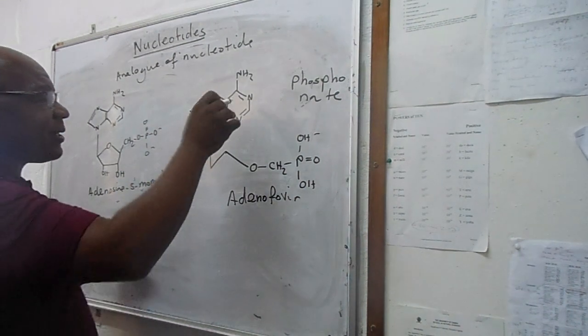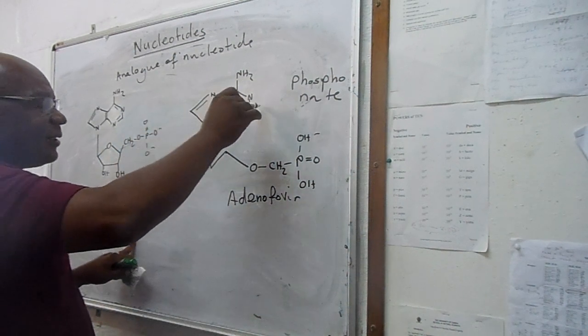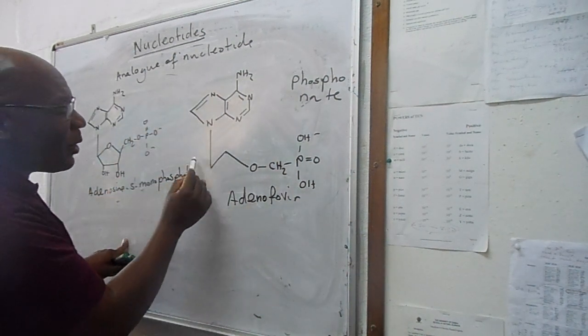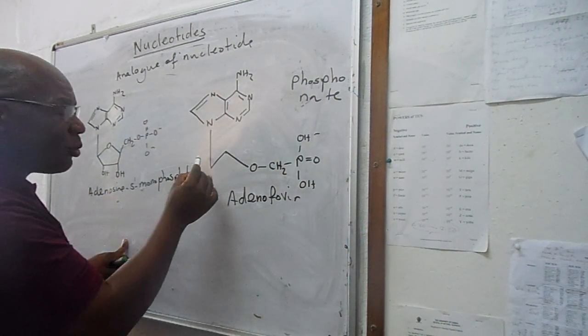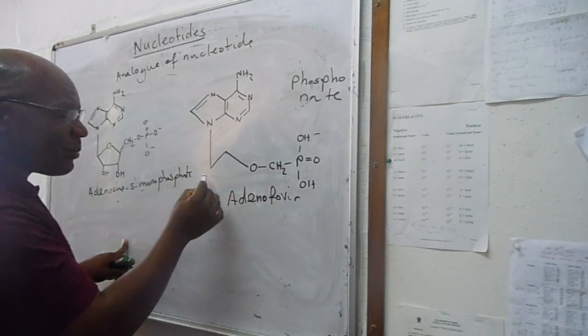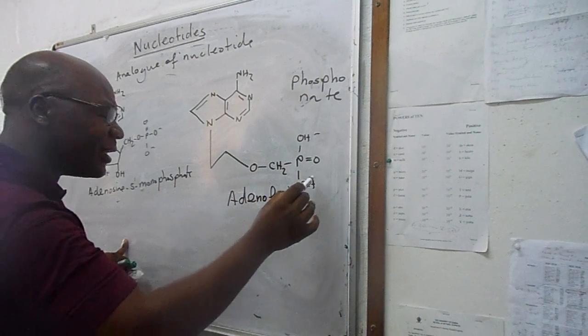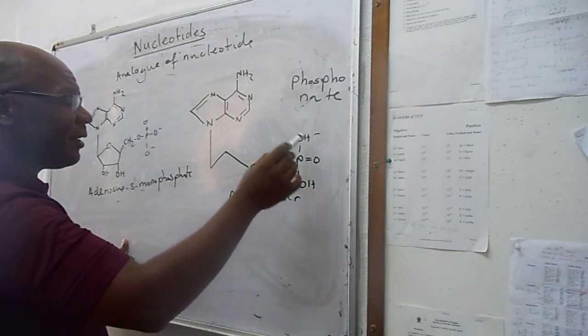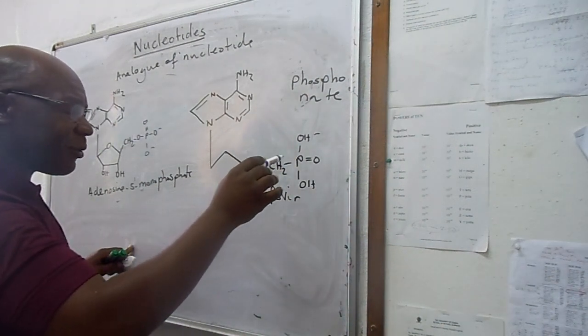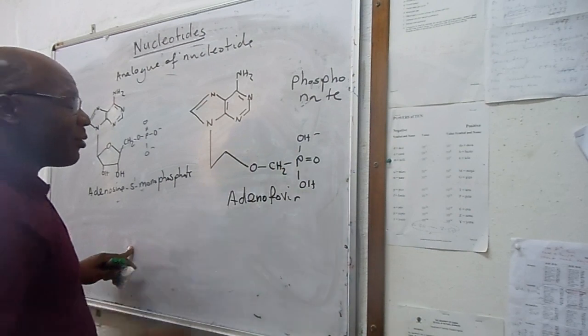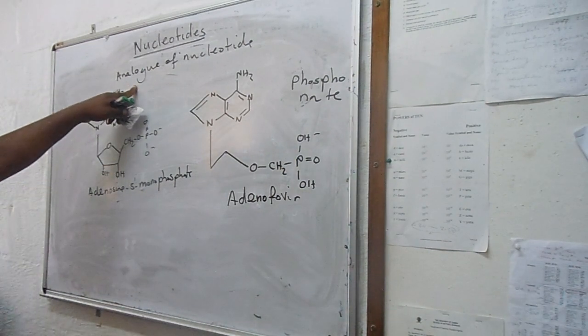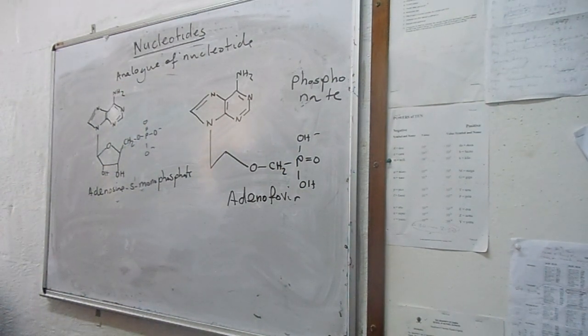Does it have a base? It has adenine. Then this component, which sort of is a sugar that has been modified. And then it has the phosphonate, which is similar to phosphoric acid. So it is an analog of nucleotide, which was used for treatment of cancer.